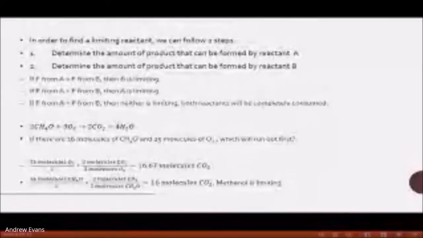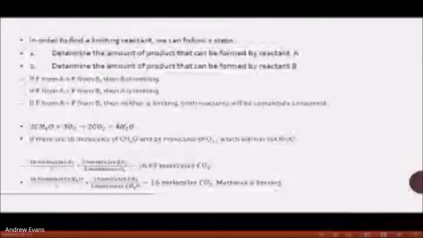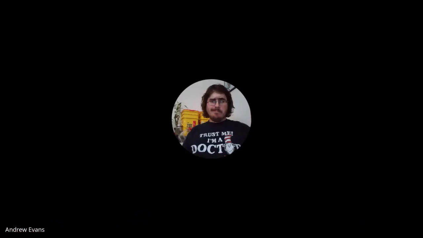So of the two numbers, if I'm calculating product from A and product from B, the lower one comes from the limiting reactant. The lower one is also the one that would run out first, and the lower one would also be the end result. So no matter what, you have to do this mass conversion twice, unless you're fine with a 50-50 shot.